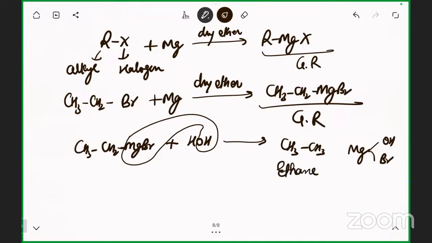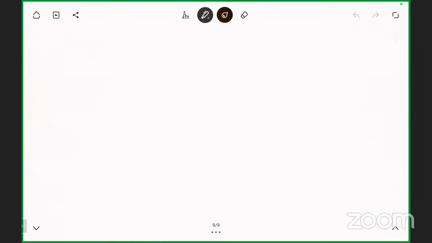Sometimes a question can be asked: why is the Grignard reagent kept in a tight bottle? The reason is that it reacts with water and forms a hydrocarbon. I'm giving you a few examples. Just give me 5 to 10 minutes, I'll come again.